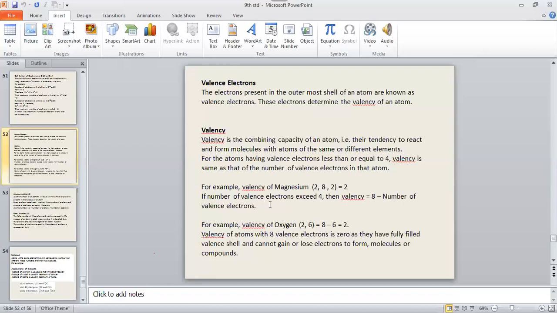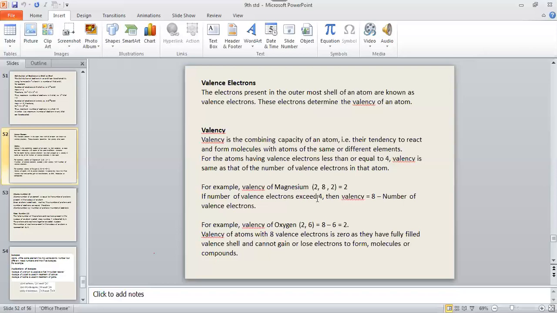If the number of valence electrons exceeds 4, then the valency equals 8 minus the number of valence electrons. For example, the valency of oxygen. The atomic number of oxygen is 8, so the electron distribution is 2 and 6. So 6 electrons are present in the outer shell.